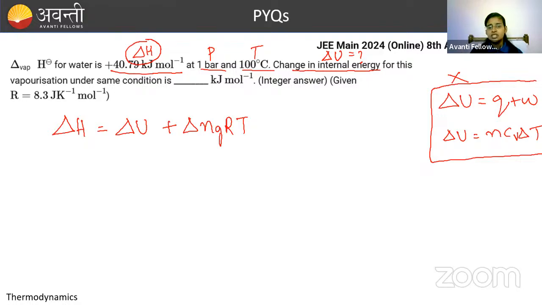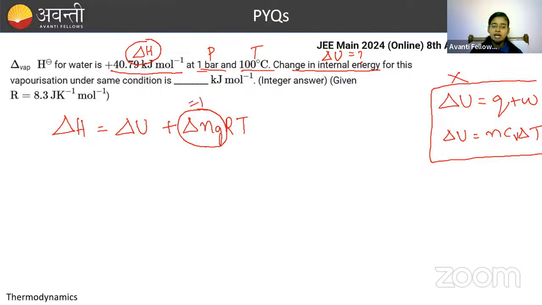Here in this question, we are dealing with 1 mole of water. Since the reaction conditions are standard here, we are dealing with 1 mole of water. So the number of moles of water becomes 1. So this delta n g, which is the number of moles, will become 1.